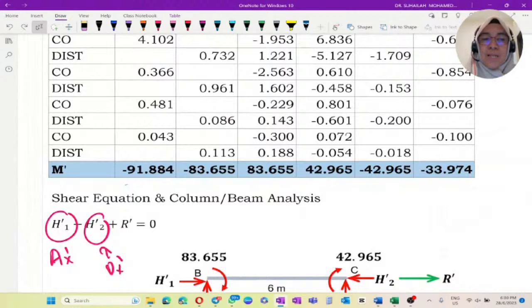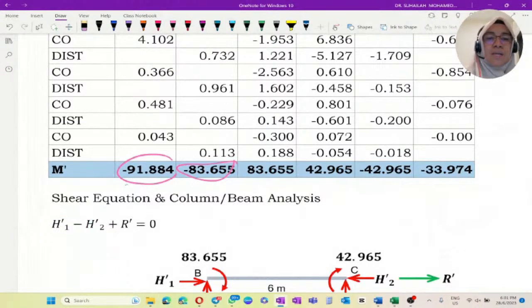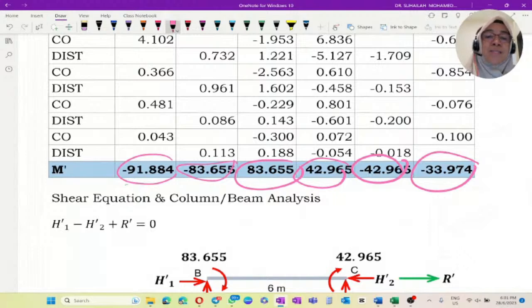So we get six values. For AB, we get negative 91.884. For BA, we get negative 83.655, and then we get positive 83.655, and then we get 42 and negative 42, and the last value M prime DC is negative 33.974.